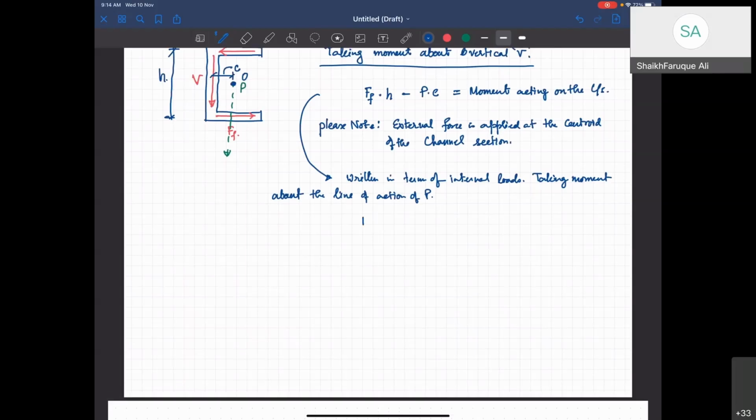We write FF into H and plus V into C equal to 0. Not 0. You cannot write it 0 because it may not be 0, right? This is the moment.